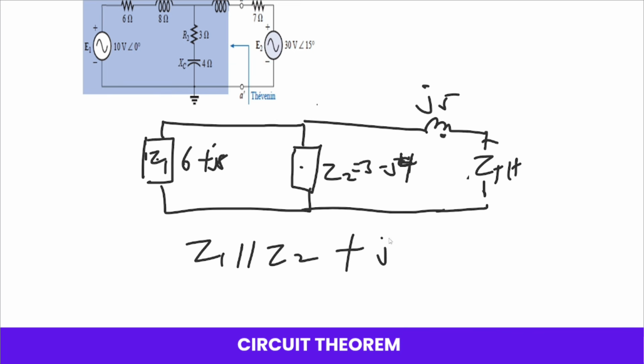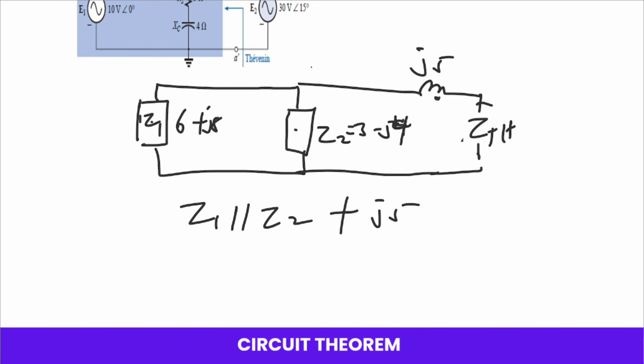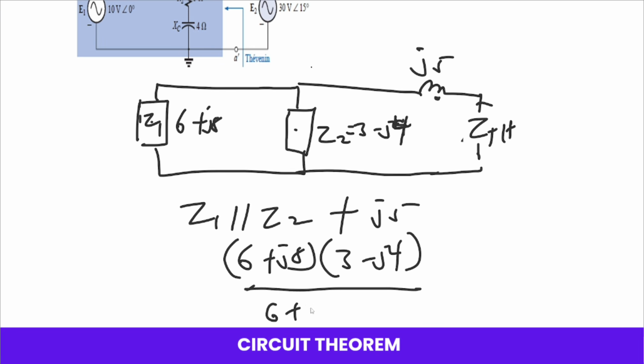That will give us 6 plus J8 times 3 minus J4, all divided by the sum, 6 plus J8 plus 3 minus J4.